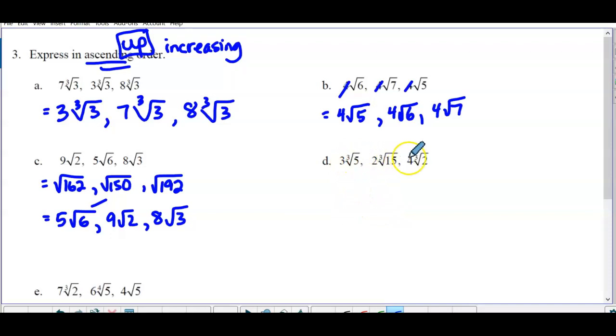Next one, they're all cubed roots, so that's good. The radicands are all different, the coefficients are all different. So very similar to the last one. Let's show them as entire radicals.